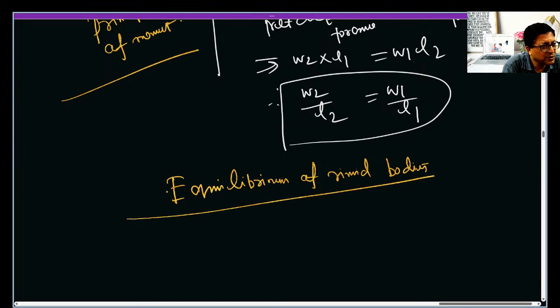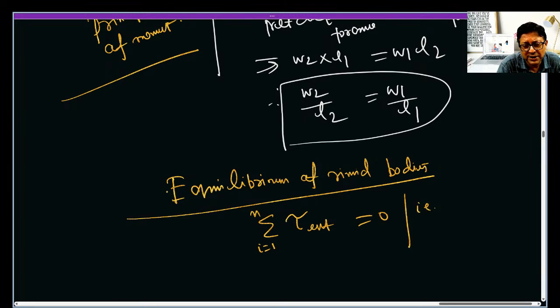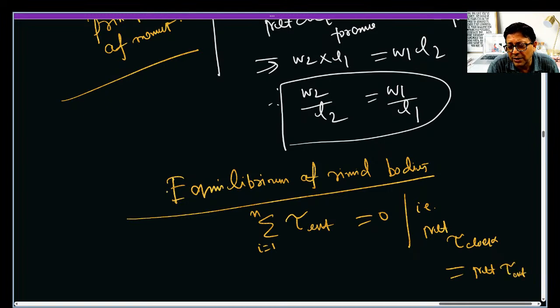Equilibrium of rigid bodies: net tau external should be zero, that is, net tau clockwise should be equal to net tau anti-clockwise.